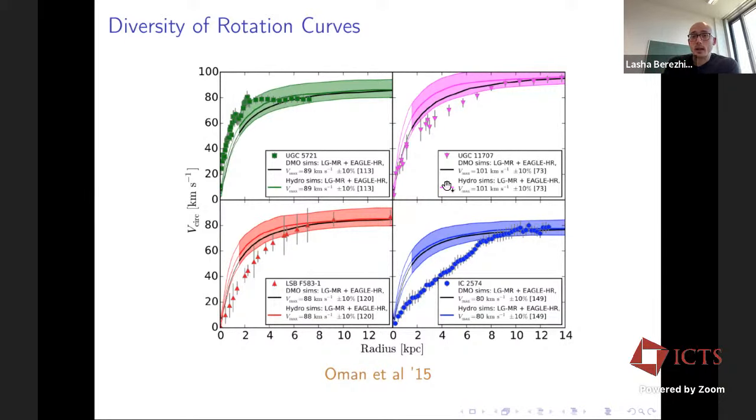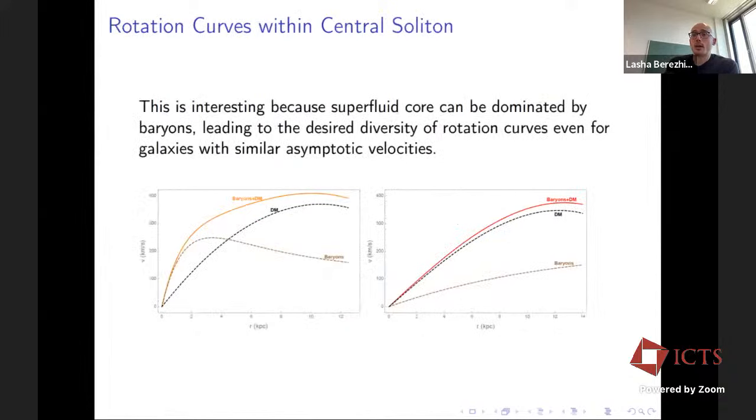Now, this is interesting because unlike CDM, the superfluid core is not cuspy, it's a cored profile, and therefore it is more easily dominated by baryons. Therefore, depending on how baryons are distributed in the core, they could lead to a completely different shape of the rotation curves.